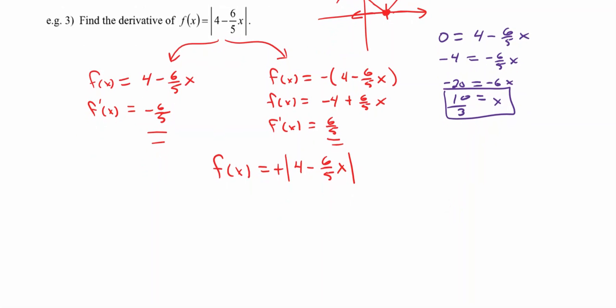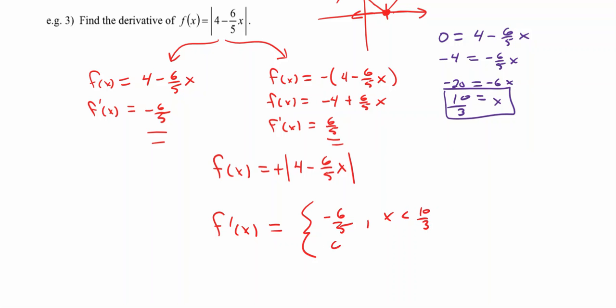So let's just write it all out now. We'd say f prime of x in total here would be negative 6 over 5, where x is less than 10 over 3.